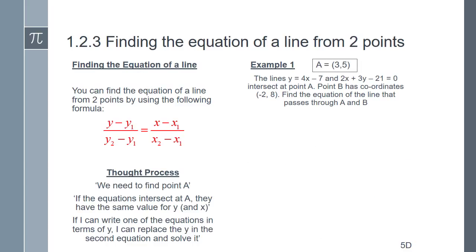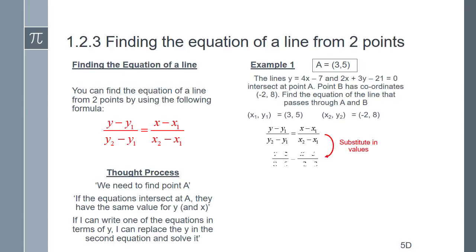And now we can use the fact that point B is (minus 2, 8) in order to find the equation of the line that joins A and B. So there's x1, y1 as (3, 5), and x2, y2 is (minus 2, 8). There's the formula we will have learnt by now: (y minus y1) over (y2 minus y1) is (x minus x1) over (x2 minus x1).